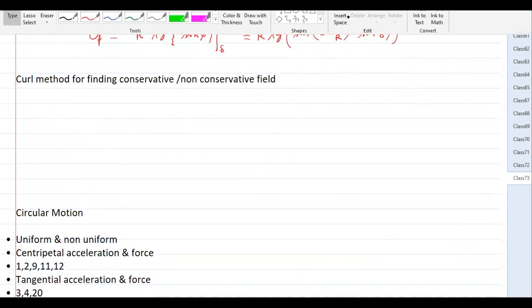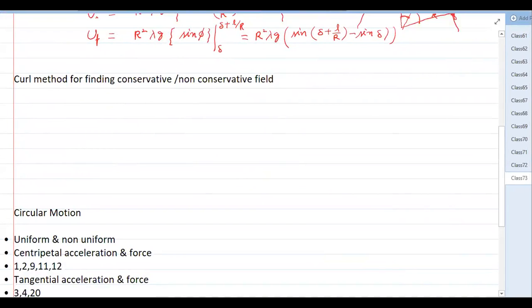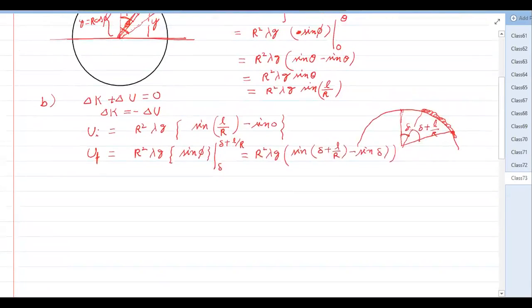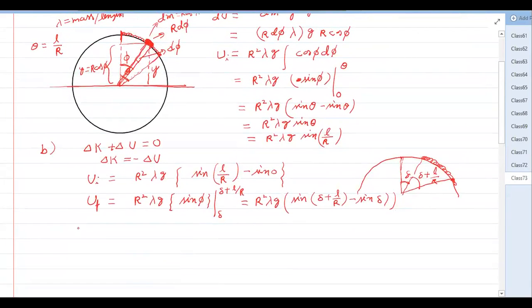Now we can write the change of potential energy. Delta K equal to minus delta U, minus U final minus U initial, which is the same as U initial minus U final.